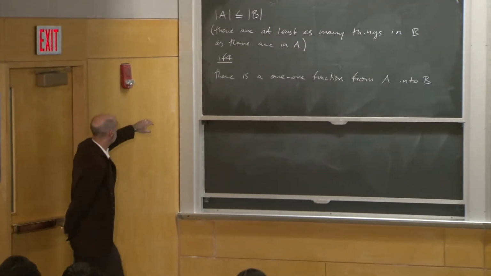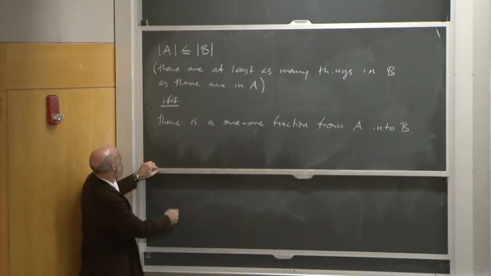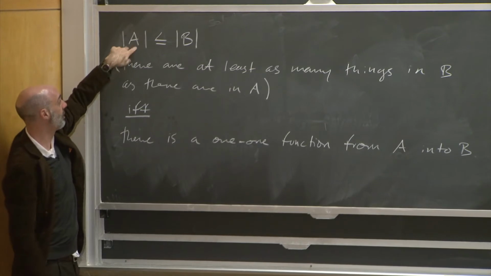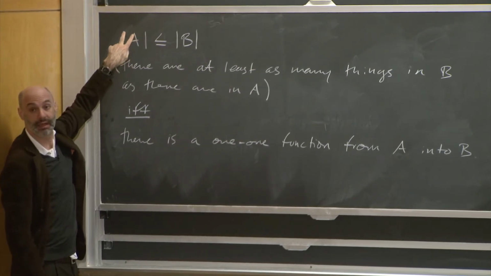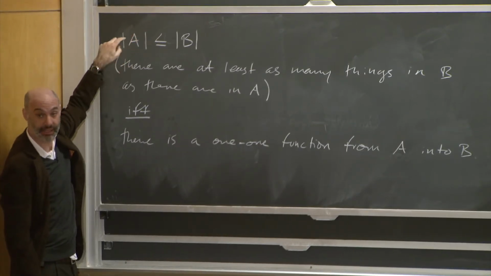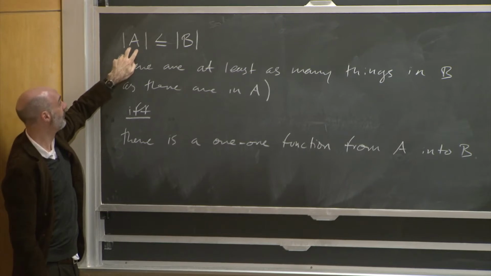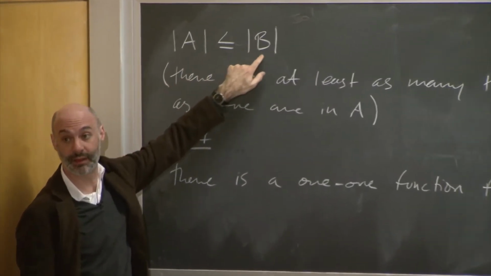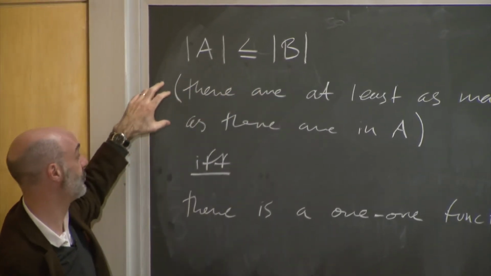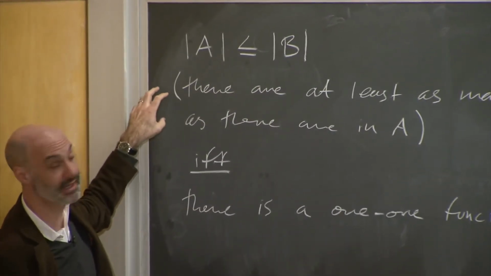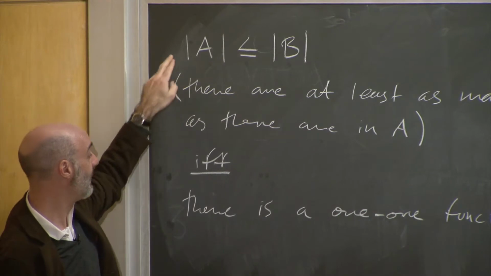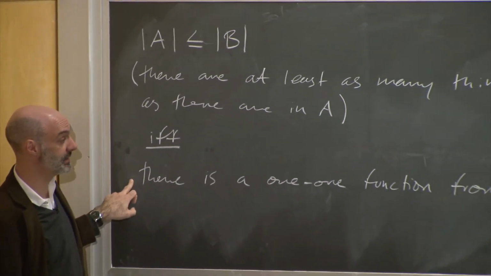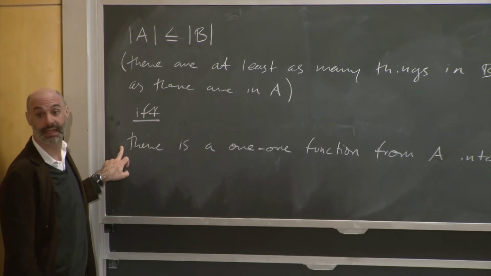We want to say that the number of elements in A, where these two little bars refer to the cardinality of the set, is less than or equal to the number of elements in B, which I will sometimes read as there are at least as many things in B as there are in A. That, by definition, means that there is a 1-1 correspondence from A into B.